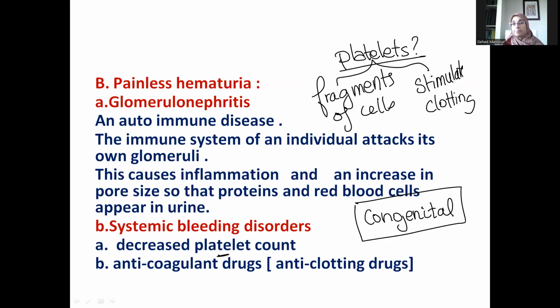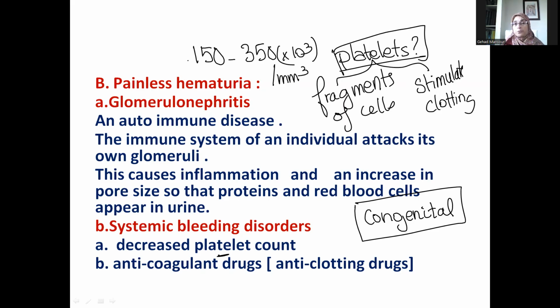So these platelets in blood have a certain count that varies between 150 to 350,000. That's to say, you have to multiply by 1,000 per cubic millimeter of blood. So if you are born, for example, and your bone marrow cannot form enough platelets so that at any time when you do a blood count, you have only 100,000 platelets, then you would have systemic bleeding.